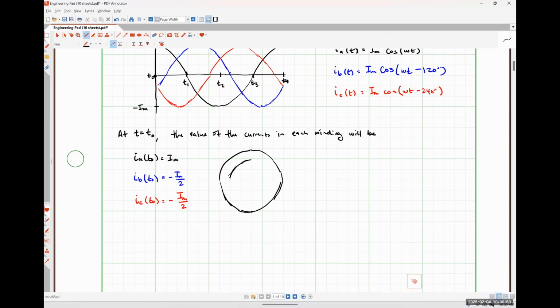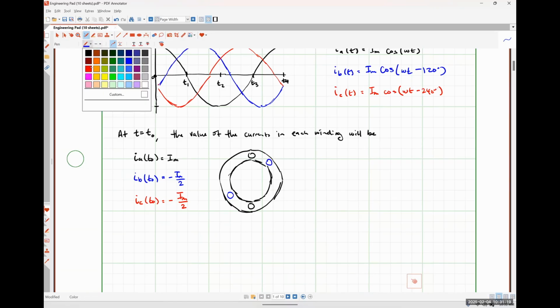For what it's worth, when I'm talking for each little step, you probably want to start with one of these drawings because we're going to look at it over and over and over again at different points in time. All right, so here's my A and A prime. Here's my B and B prime. Here's my C and C prime.